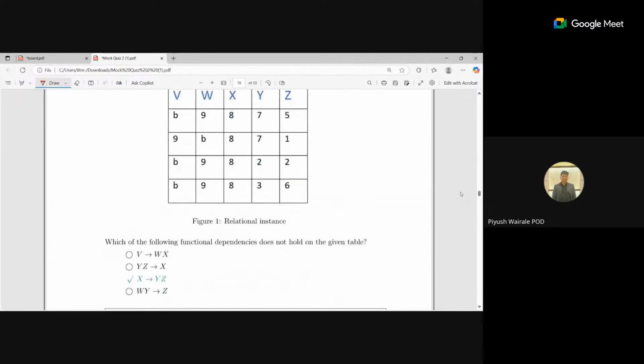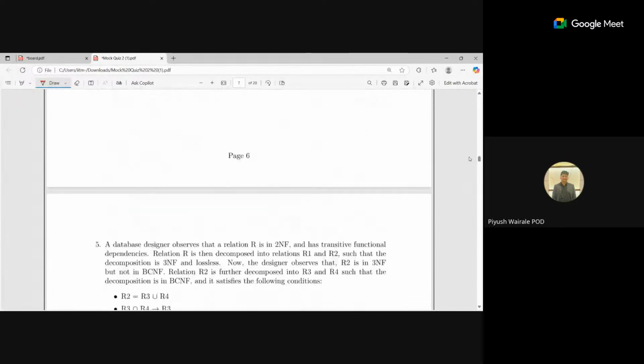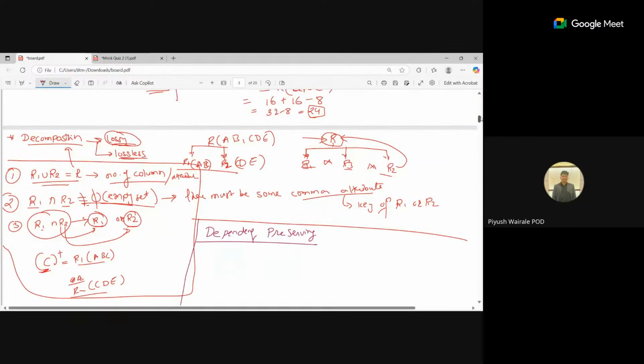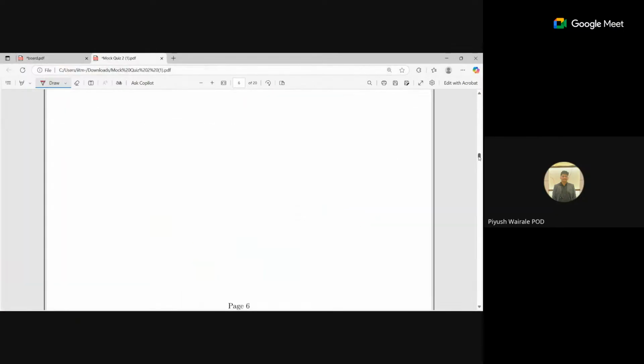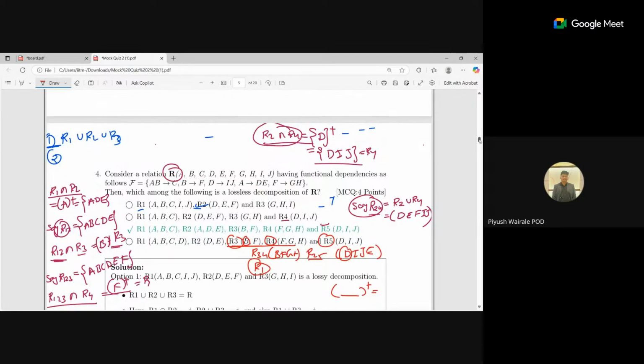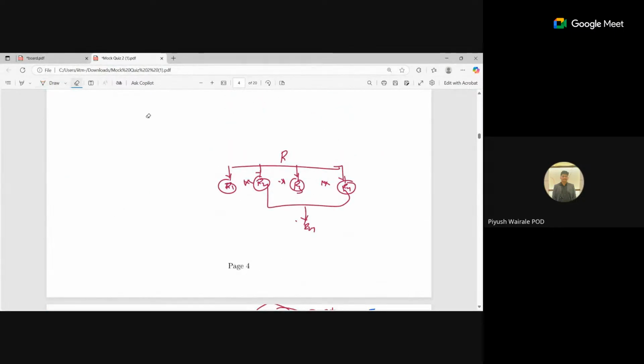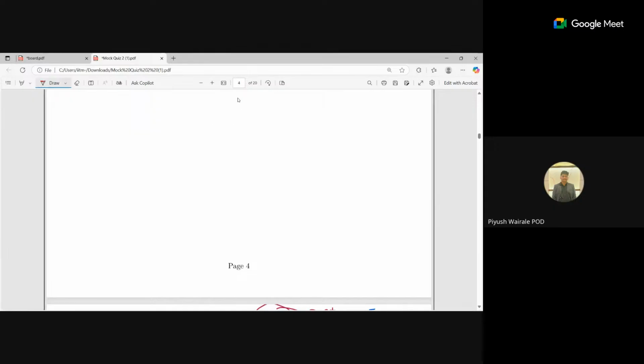So let's say, for example, I have decomposed this relation only. Let's take this only R1 with this one, right? A, B, C, D, E here. So here we have R. So how to check for dependency preserving?